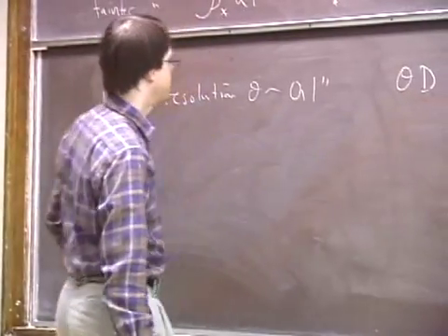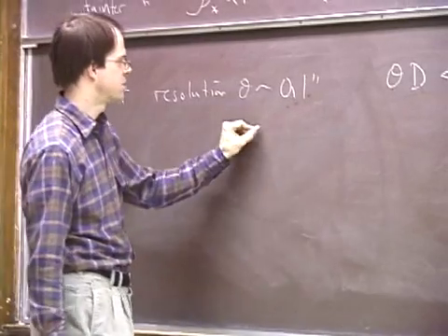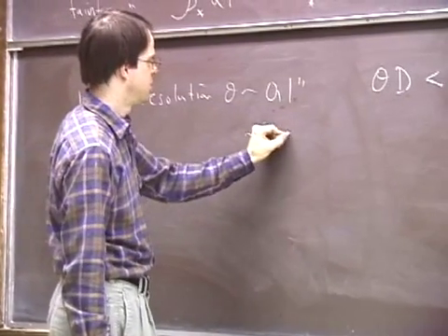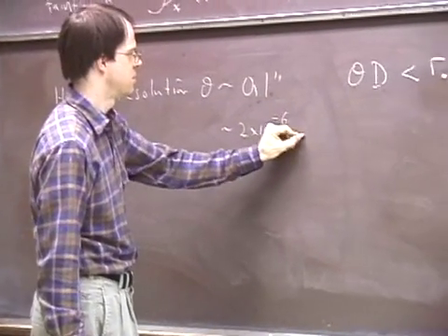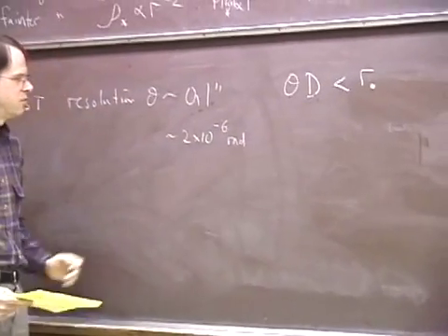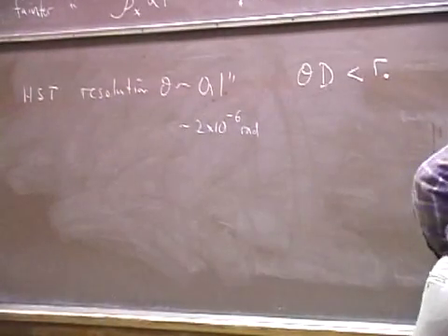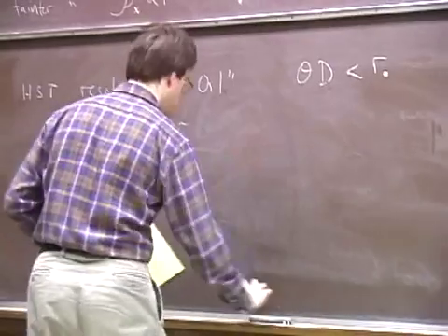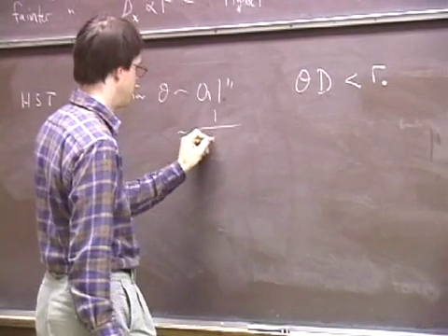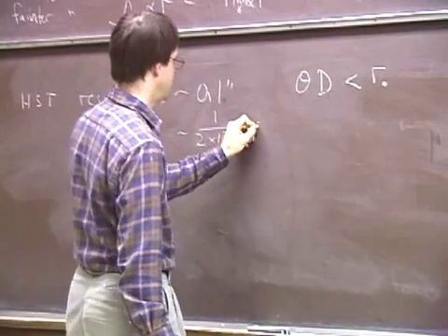Okay, so if we put in some numbers, this is 1/10 of an arc second, so that's 2 by 10 to the minus 6, 1 over 2 by 10 to the 6 radians.